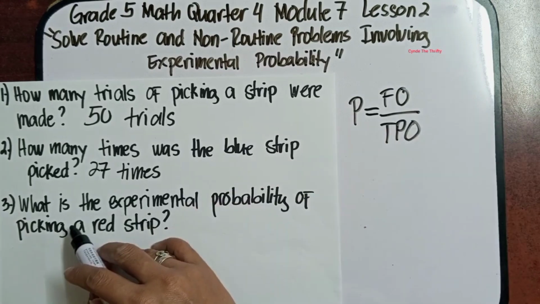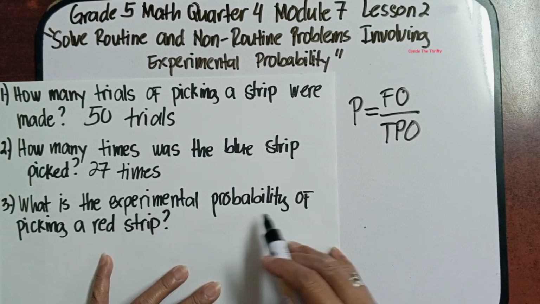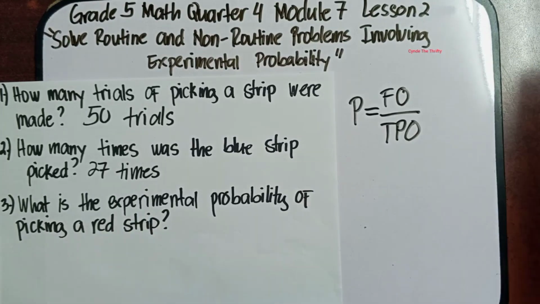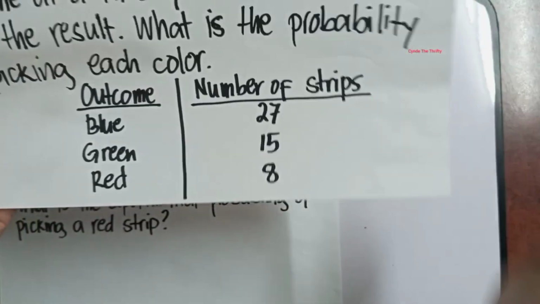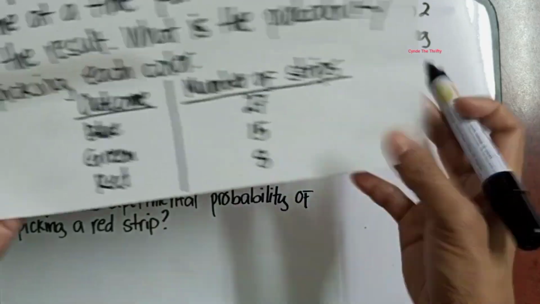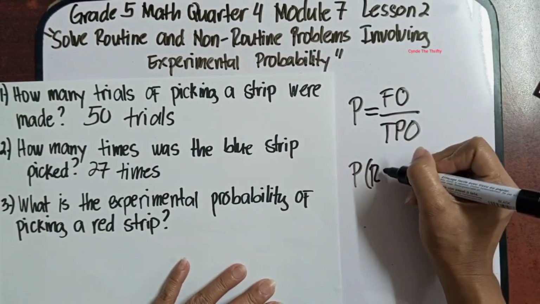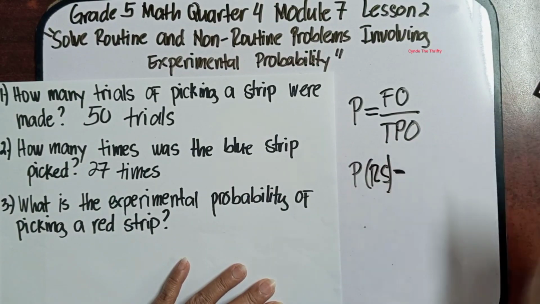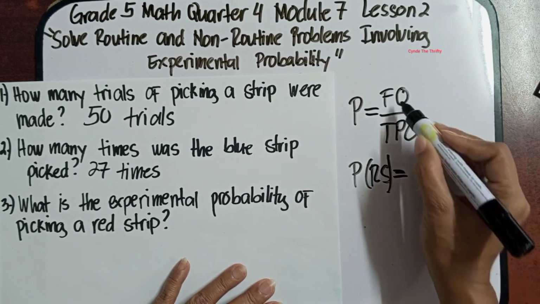So for example, itong question number 3 natin, what is the experimental probability of picking a red strip? So ilang times niya na pick ang red strip? 8 times. So, ibig sabihin, ito yung ating favorable outcome. So, probability of red strip is equal to favorable outcomes.